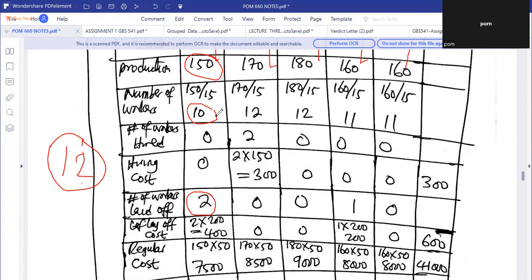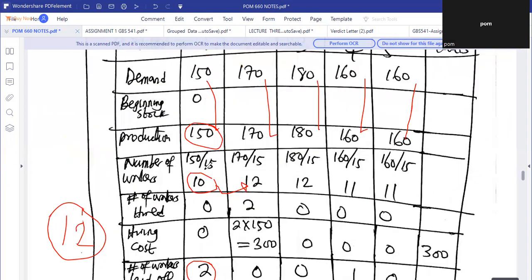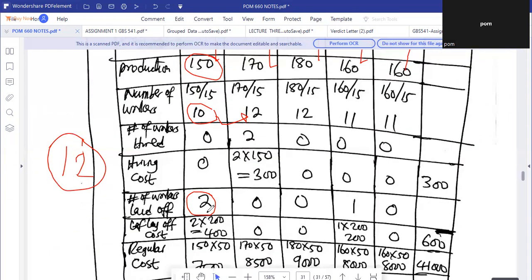Now, from here up to this, how many workers have we hired? 2 workers. From 10 workers to 12, we have hired 2 workers. Don't look at the current 12, it was just the current workforce. So as per month 1, we laid off 2.